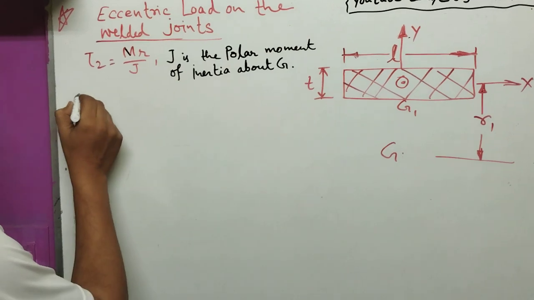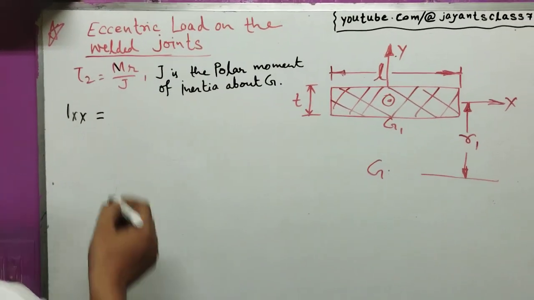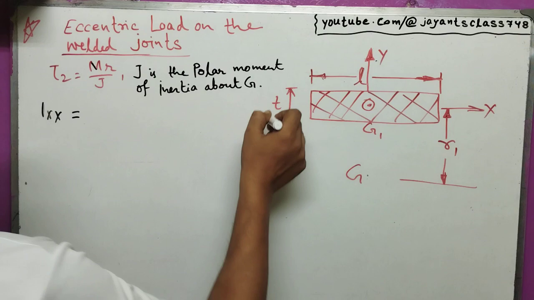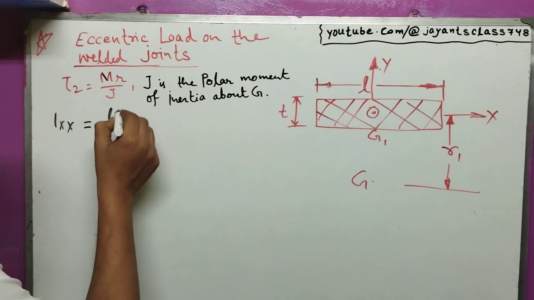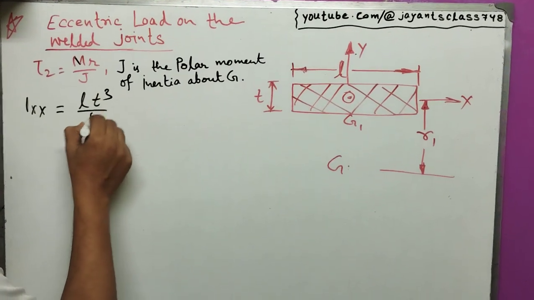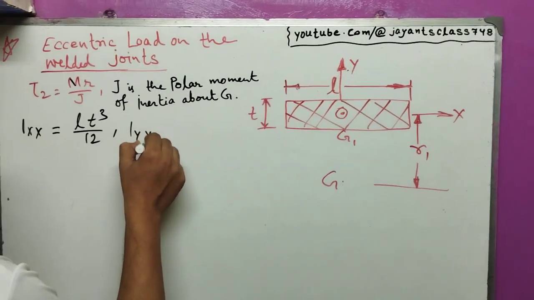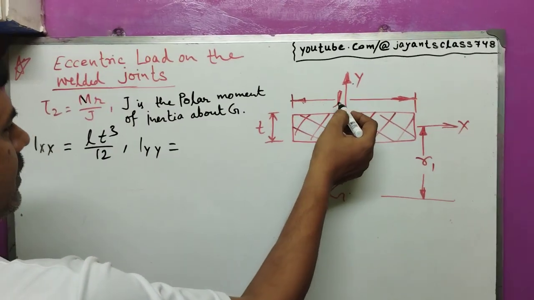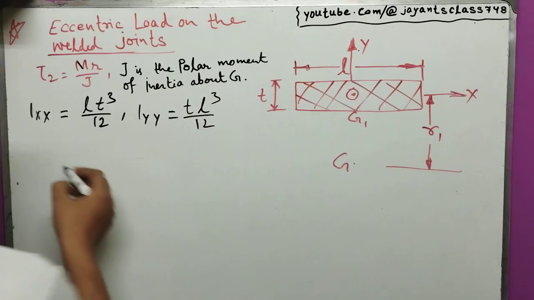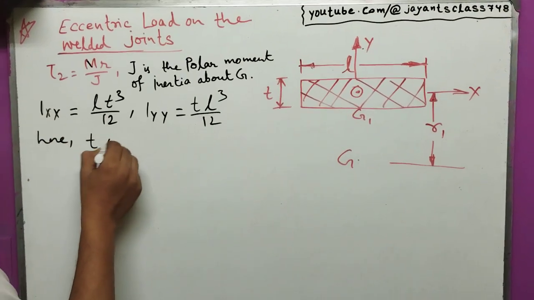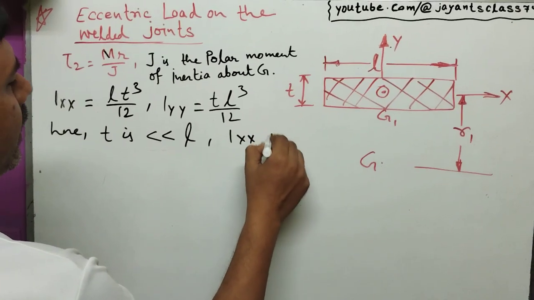First, Ixx equals b d cubed divided by 12, which is L T cubed divided by 12, and about the y axis, Iyy equals d b cubed divided by 12, where d is T and b is L. Here T is very much less than L, therefore Ixx is neglected.